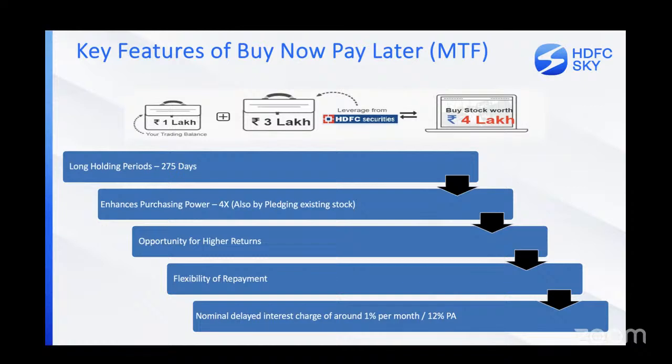Now, if you would have taken the position worth 1 lakh, which was your initial trading balance, you would be able to purchase only one stock, and your profit would be 20,000, that is 20% of 1 lakh. But since now the position is worth rupees 4 lakh, your profit is 80,000, which is 20% of 4 lakh. So automatically your returns are higher compared to not taking any position in MTF, compared to a normal delivery plan.